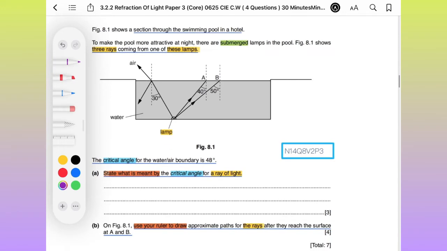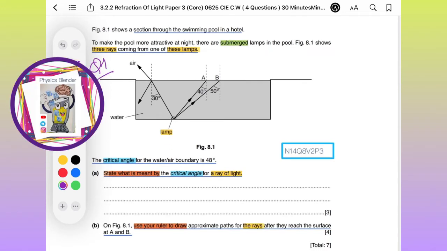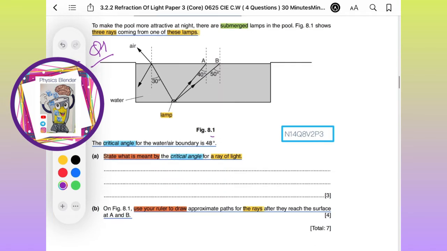Question number 1: a light ray is traveling from water to air, and we have here 3 light rays. We have important information about critical angle. The critical angle for the water and air boundary is 48.